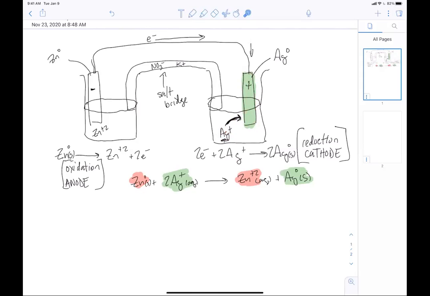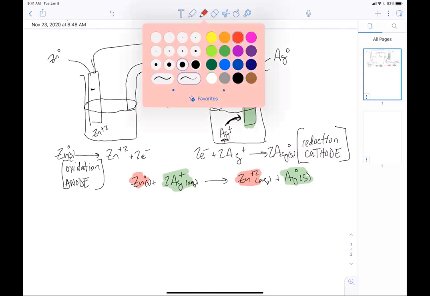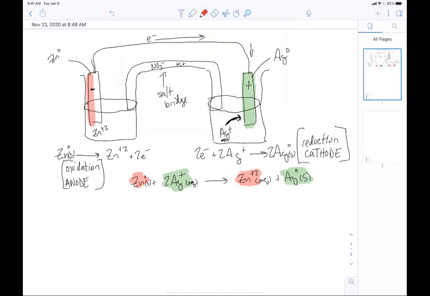And then on the other side of the reaction, at the anode, we have the opposite thing happening. As electrons flow towards the cathode, they have to come from somewhere. They're coming from this electrode over here, from this zinc that's up here. As that zinc loses electrons, it's no longer zinc 0.